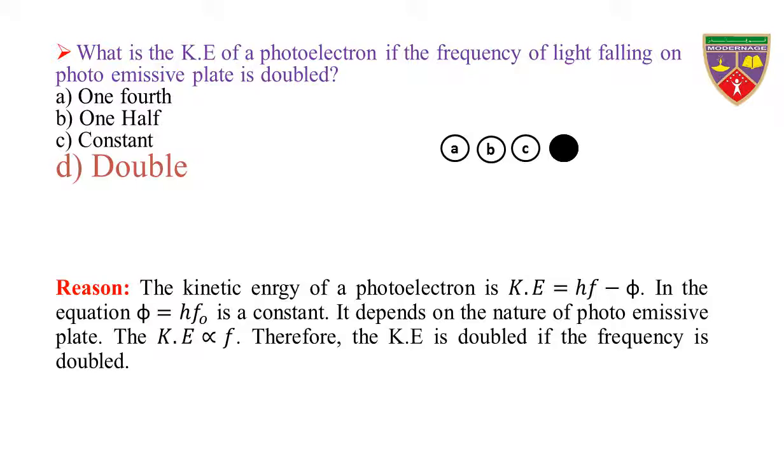The kinetic energy is proportional to f, the frequency of the photon falling on the emissive plate. Therefore, the kinetic energy is doubled if the frequency is doubled. Hence, the kinetic energy of the photoelectron is also doubled.